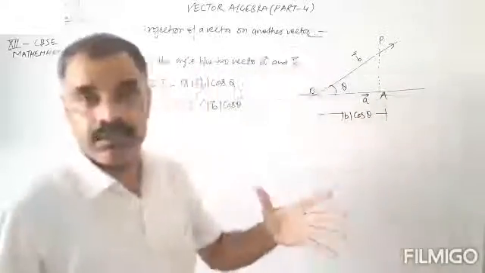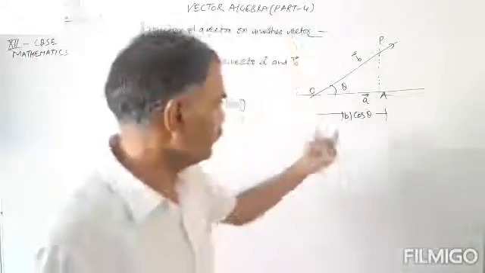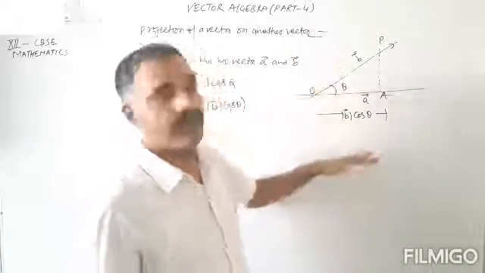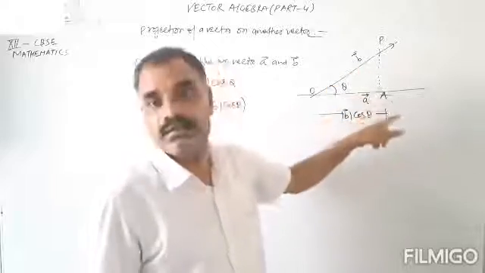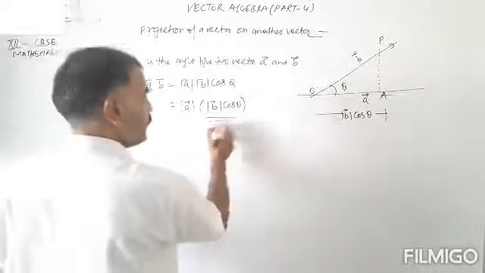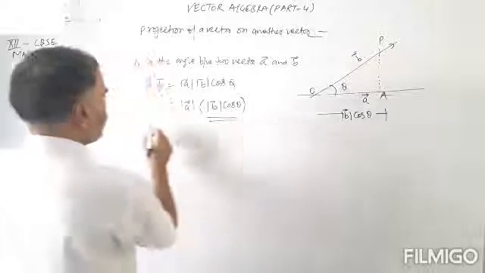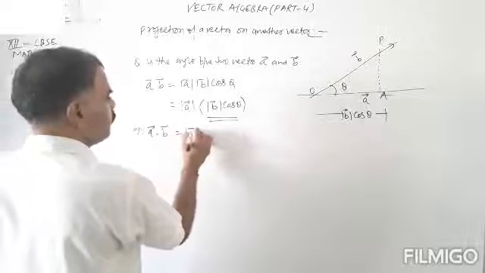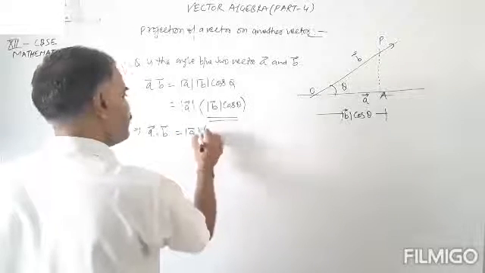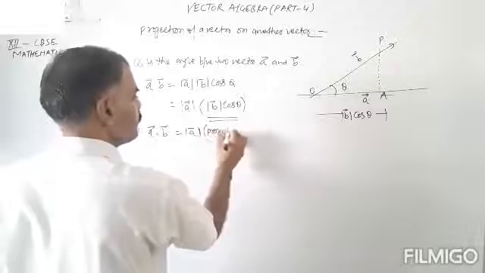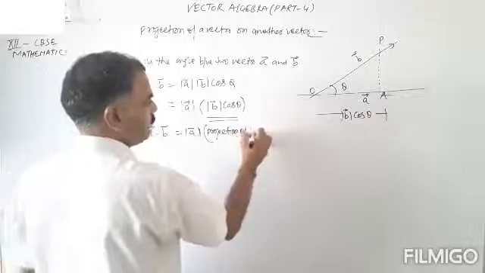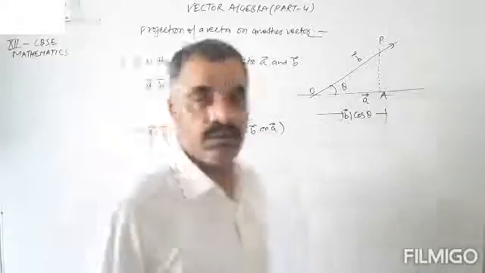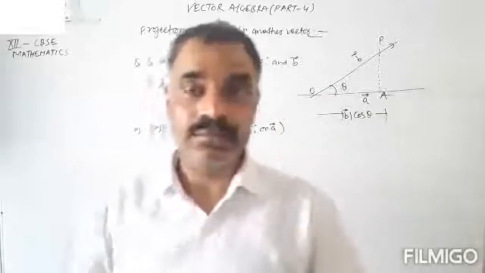The horizontal component of B, that is magnitude B vector cos of theta, is the projection of B vector on A vector. So it can be written as A vector dot B vector equals magnitude of A vector times the projection of B vector on A vector.